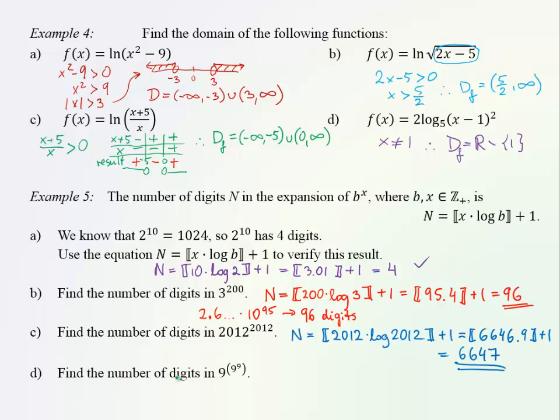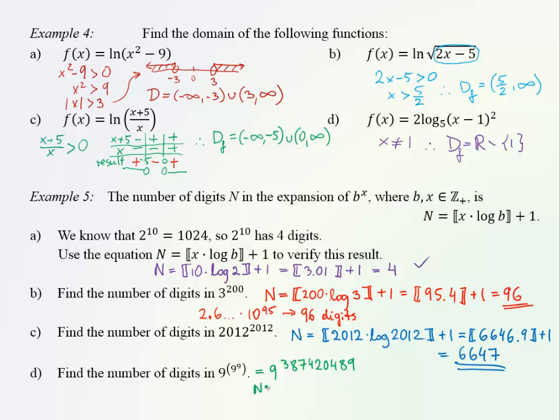And the last question asks us to find the number of digits in 9 to the 9 to the 9. Well, in order to do that, we actually need to know what the number 9 to the 9 is. So first change this to 9 to the, and 9 to the 9 ends up being 387420489, and then apply our formula.